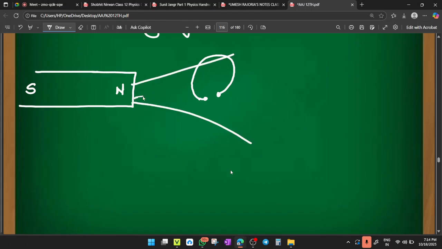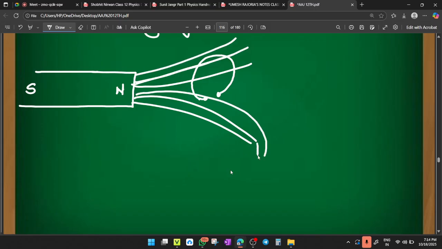This coil is placed in space, in a vertical plane perpendicular to the sheet of paper, and here is a magnet, north and south. Definitely a large amount of magnetic field emerges from the north pole and goes back to the south pole.